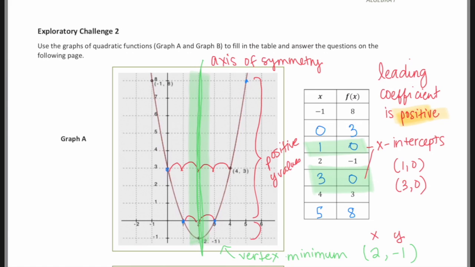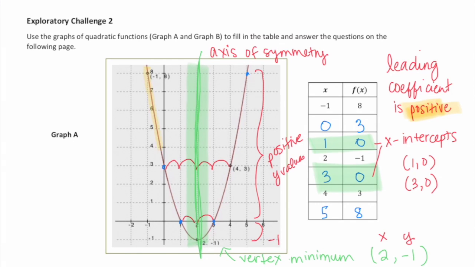Now, if this were the other case upside down, and we'll see an example like that in a minute, then it would be a different story. And we'll look at those points. But in here, the only negative that you have is that -1. Everything else in this graph is going to be positive. So we call this graph a positive graph with a leading coefficient that's positive.